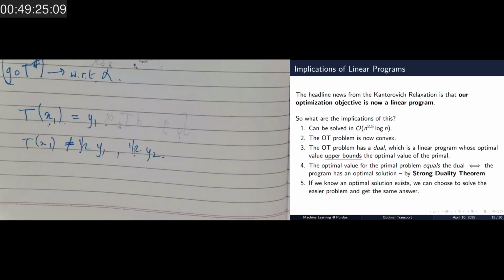And the algorithm that we will definitely discuss next week is sliced Wasserstein distance, which just projects things into random directions, and we will talk about the details of that. But it is an n log n time solution basically.